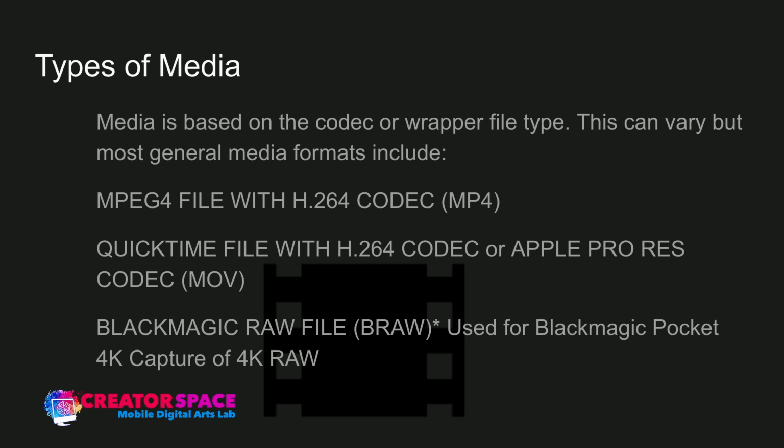Then there's something called the Blackmagic Raw file. I'm not going to get into this too extensively, but if you go to our website, you can catch up on some of the cinematography workshops that we have, and we do one totally on color grading and Blackmagic Raw footage, and we do comparisons of what it's like to use Blackmagic Raw. That's what you could use if you're using the Blackmagic Pocket 4K camera and you shoot in 4K RAW. It gives you the smallest file size.